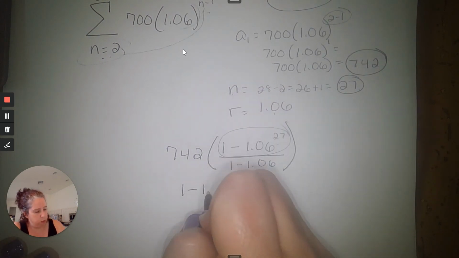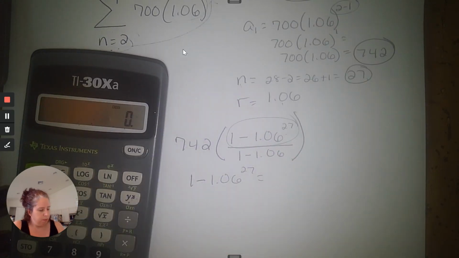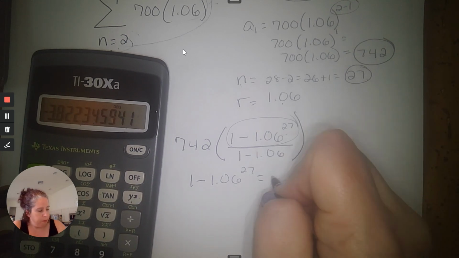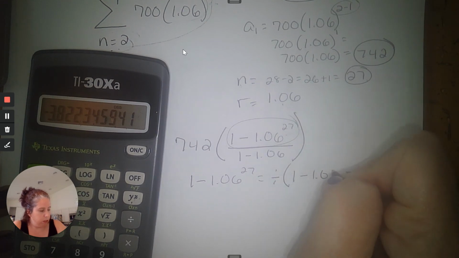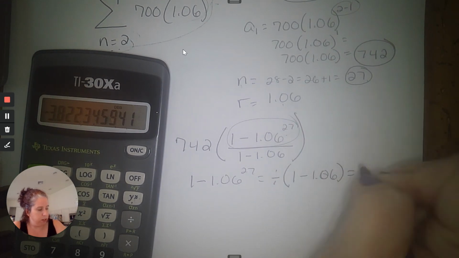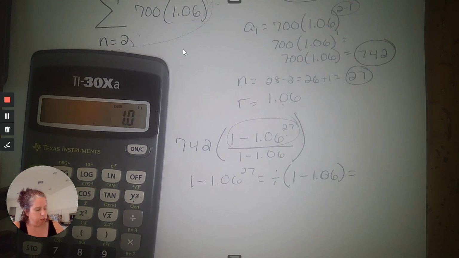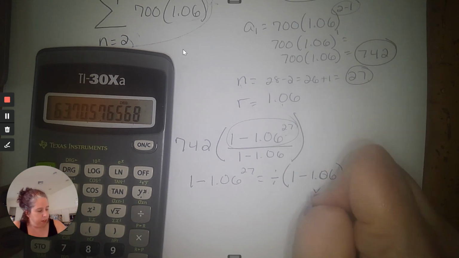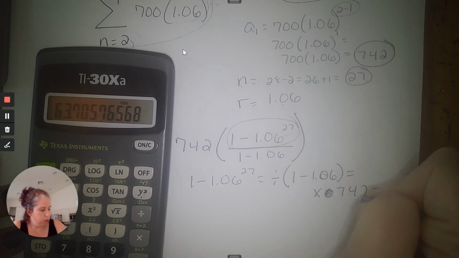So 1 minus 1.06 to the 27th power and hit equals. Then you're going to divide it by parentheses 1 minus 1.06. Close your parentheses and hit equals. And then you're going to times it by the outside number. Times 742.